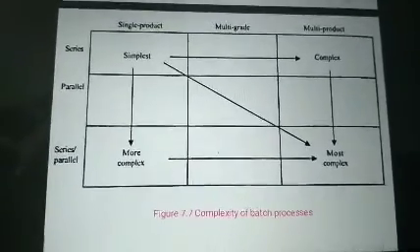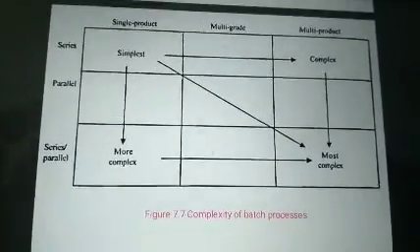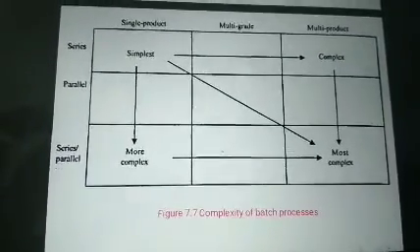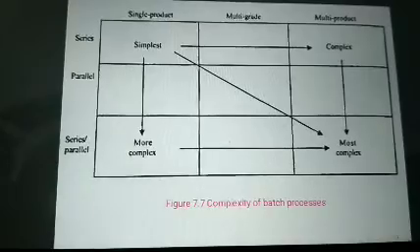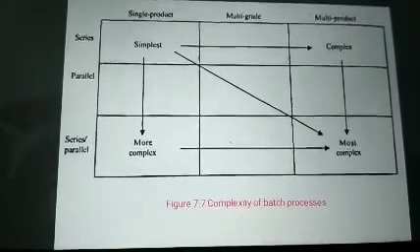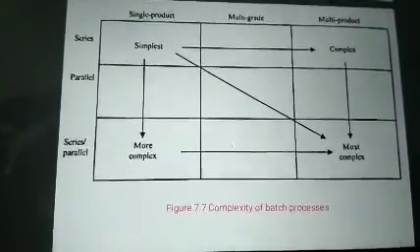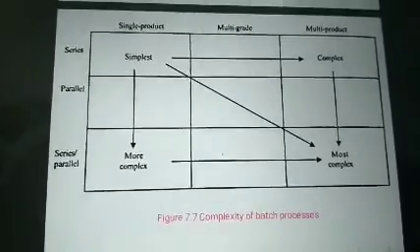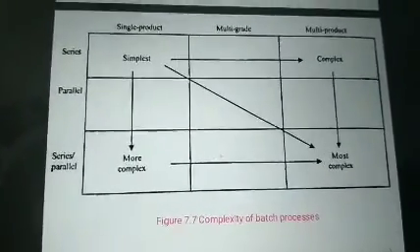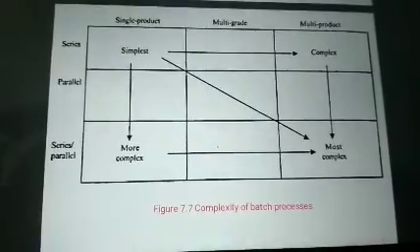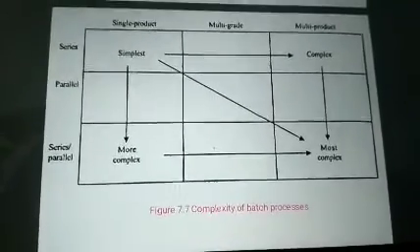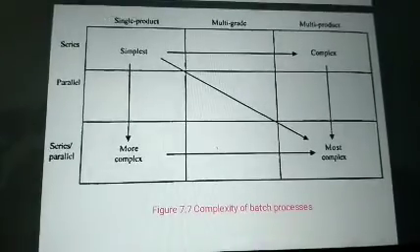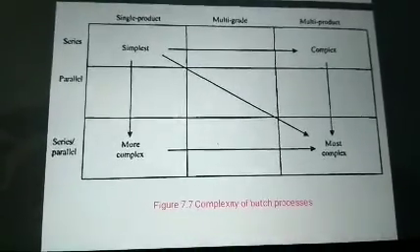Now, if we come to the complexity of the batch processes, the series operation is always the simplest for the single product, and the most complex is obtained for a single product in the series or parallel operation. Similarly, the multigrade is moderate for all operations, and the multi-product is the complex one for series operation.